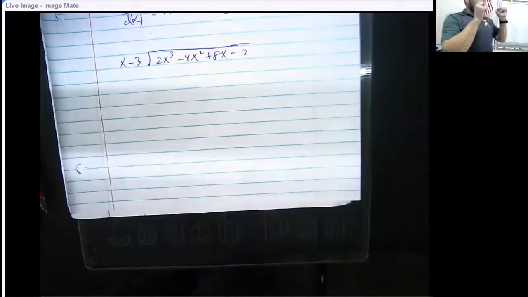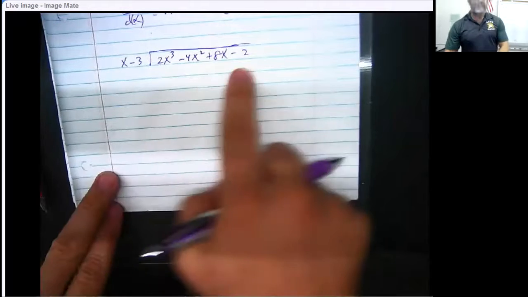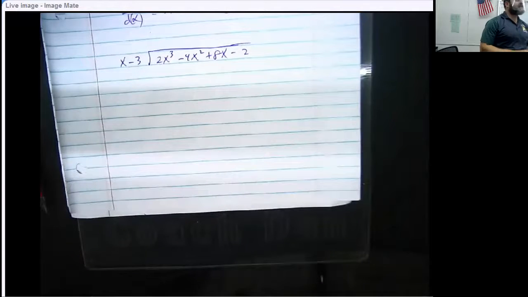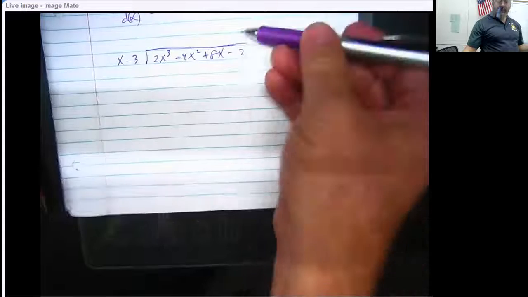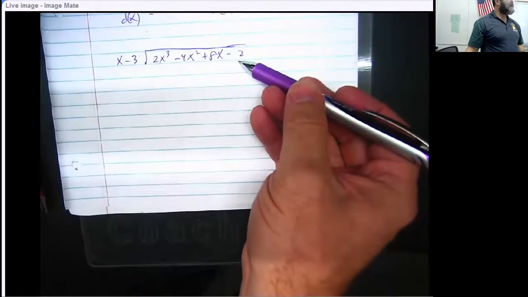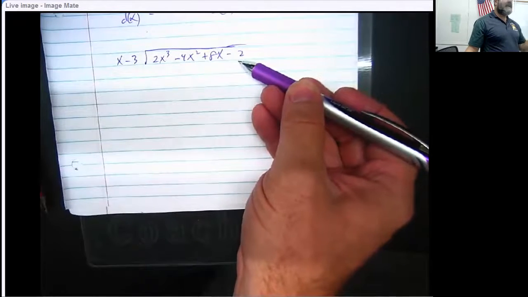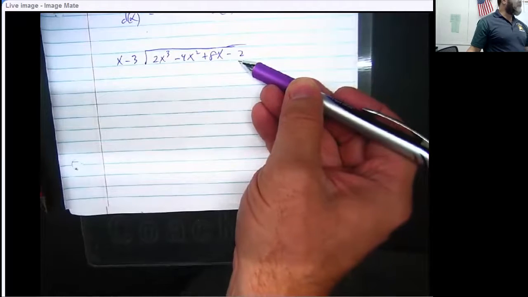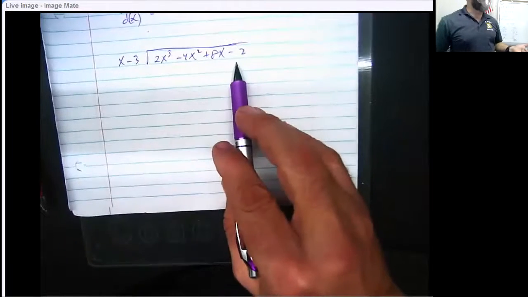But do you think this number will divide perfectly into this? Anybody have a guess? I'm going to say I don't think so. Because there's no way that 3 being multiplied by something is going to give me a 2. In the same way, with 84 you wouldn't divide by 11, because you look forward and know that 11 is not going to work. 3 times something is not going to be 2, it ain't going to happen.